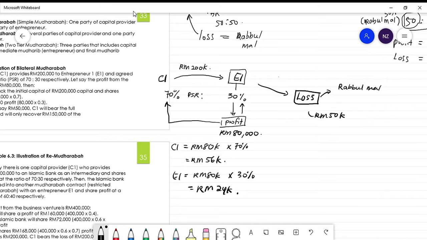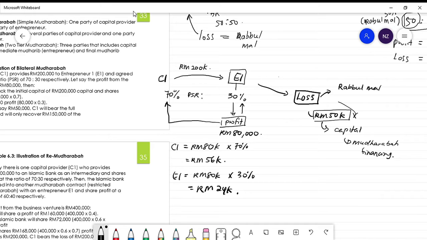So the losses ni akan ditolak dengan amount capital, betul tak? So the capital ni kan is kita punya Mudharabah financing yang kita dah record dalam journal tadi. So nanti 50k ni, no need times, because this is fully will be borne by the rabbul mal.